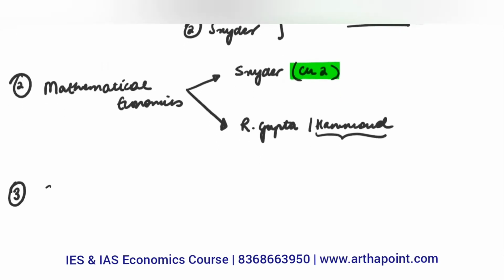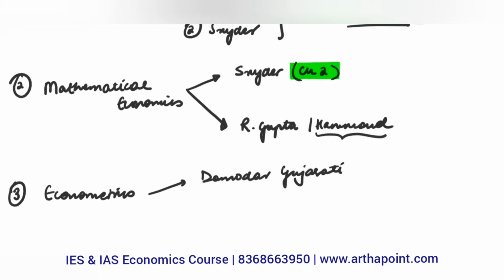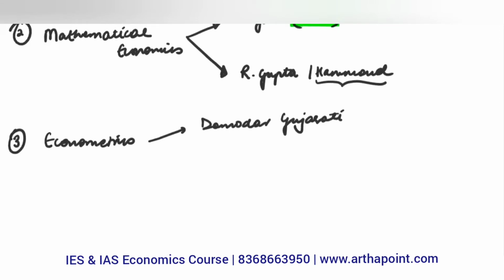Then the third one that you have to do is econometrics. For econometrics, the best thing would be to do it from Damodar Gujarati. This is like my favorite book. I don't really want people to deviate from here.